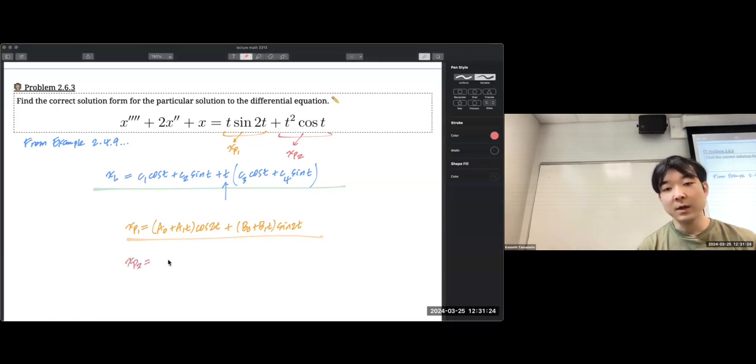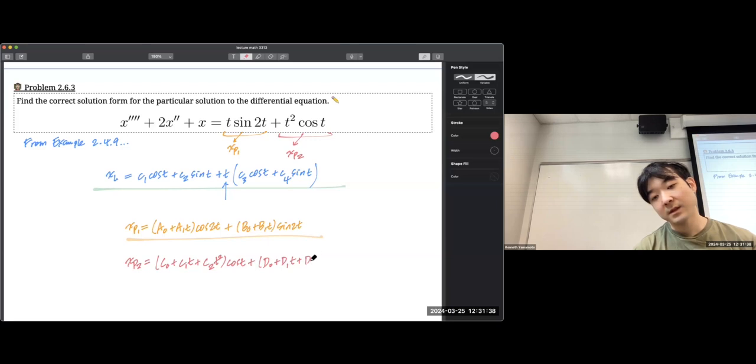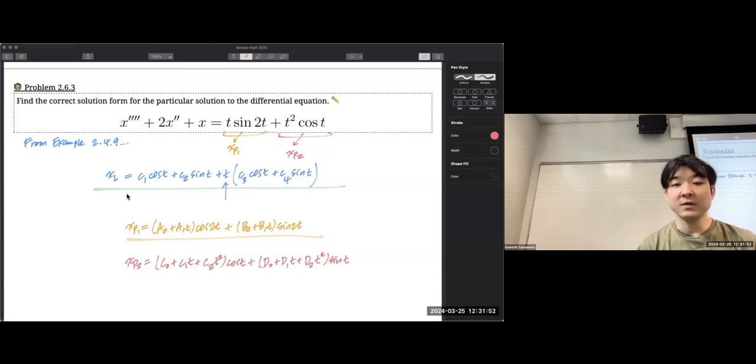So you'll have to build it off of, I'll just say C0 plus C1t plus C2t squared cosine of t plus D0 plus D1t plus D2t squared multiplied by sine of t. And this one has conflicts because if you look at the C0 multiplied with this cosine of t, or even this D0 multiplied with this sine of t, that's like a constant multiplied by sine, cosine.